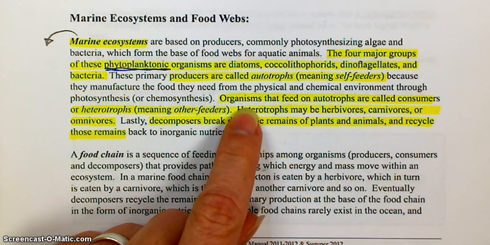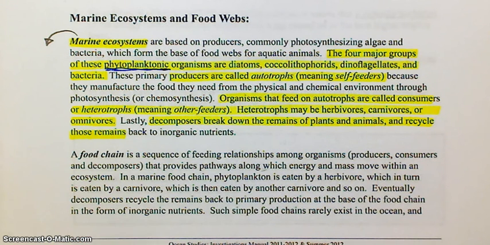All right, organisms that feed on autotrophs are called consumers or heterotrophs. And heterotroph means that they're feeding on something else. They don't feed themselves. Heterotrophs may be herbivores, carnivores, or omnivores. Okay, and then lastly, we have decomposers, which break down the remains of plants and animals and recycle those remains back to inorganic nutrients.